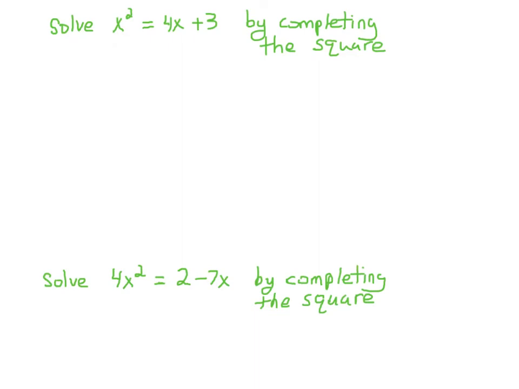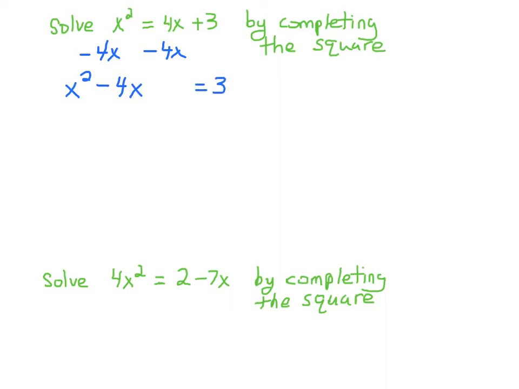Okay, so next one we're going to solve is x squared equals 4x plus 3 by completing the square. And so first thing I'm going to do with this one is I'm going to subtract 4x from both sides. And I'll have x squared minus 4x equals 3.